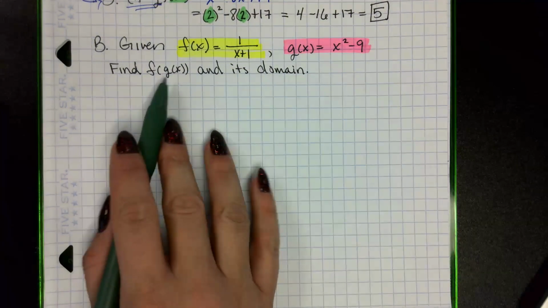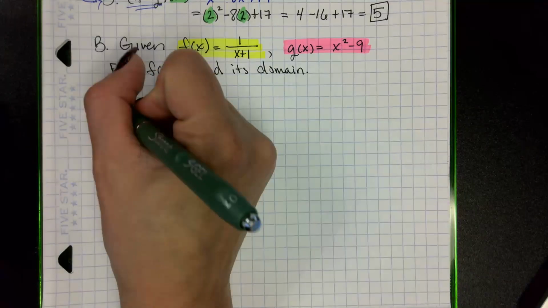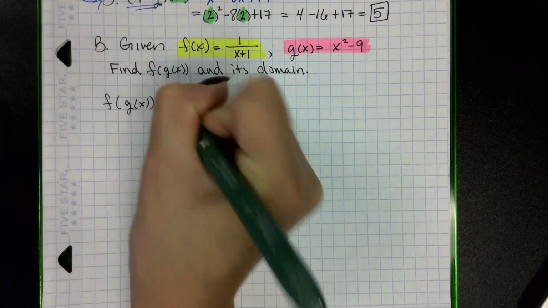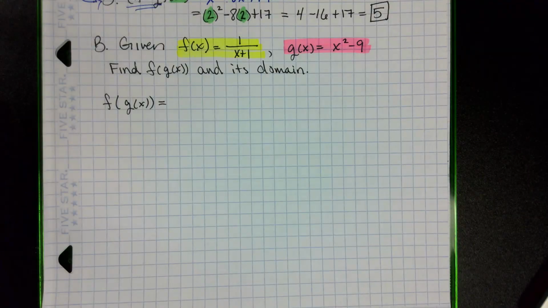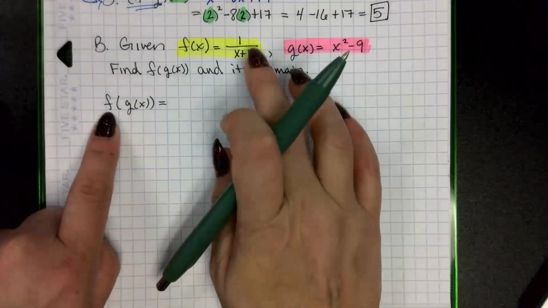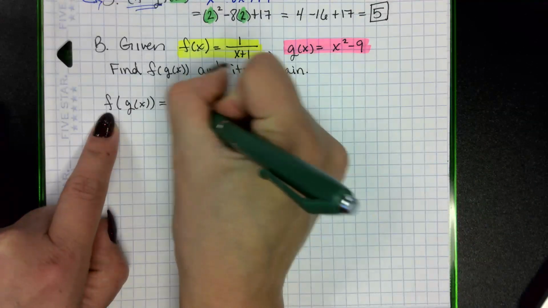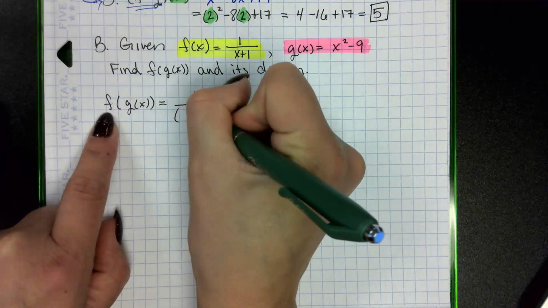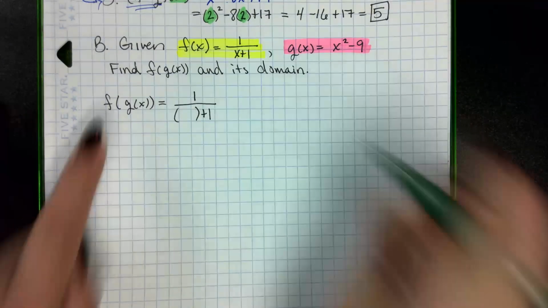All right, so we're doing f of g of x. That tells me I am starting with the f function because my first letter is f. So I go to my f function. 1 on top, there's my x, there's my blank on the bottom, plus 1.